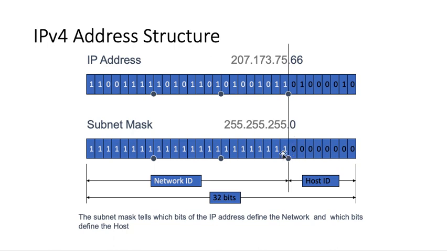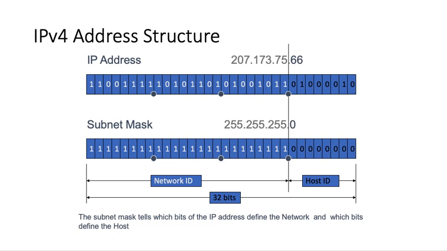Wherever the 1s run out in the subnet mask, we can draw an imaginary line, and anything to the left of that line is considered the network ID.